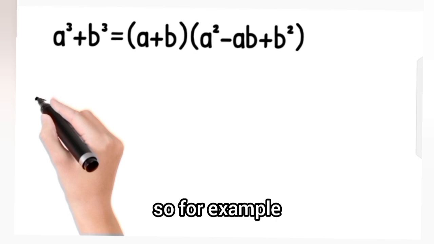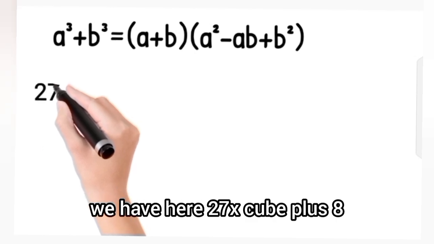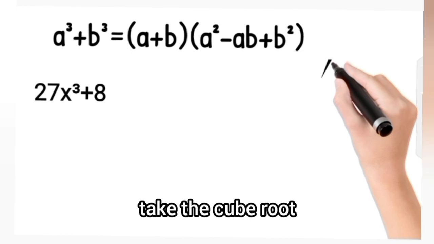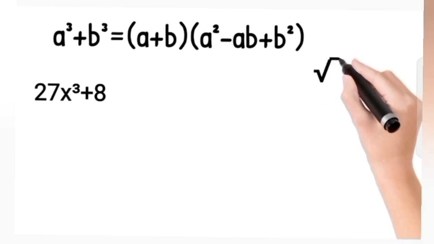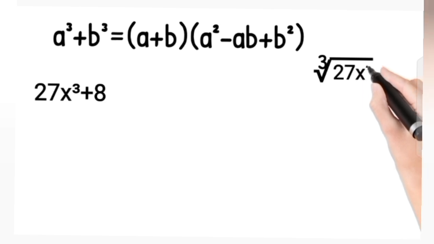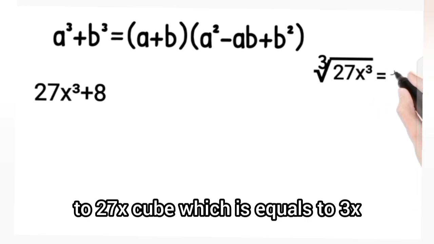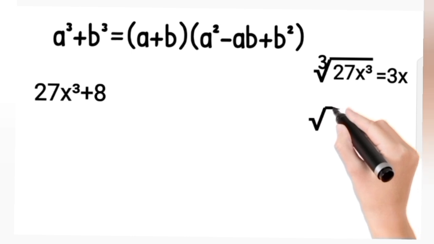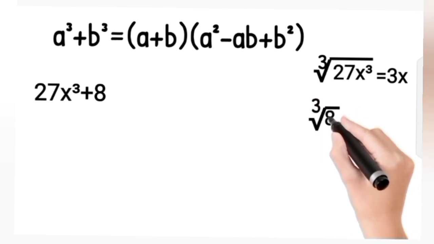So for example, we have here 27x cubed plus 8. Take the cube root of 27x cubed, which is equal to 3x, and the cube root of 8, which is 2.